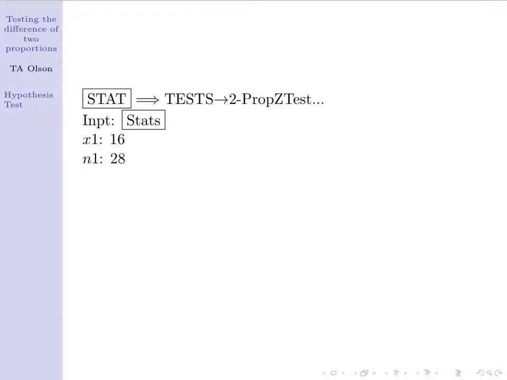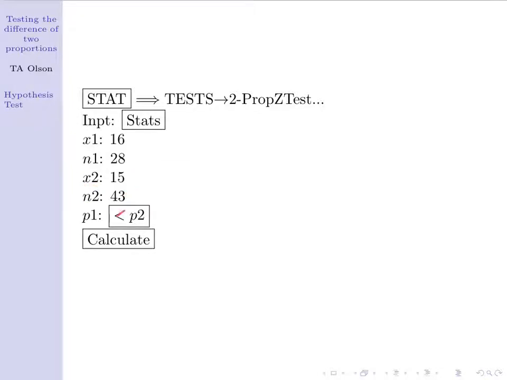The first set of data is for our ones. Remember, that was our math majors. We had 16 math majors that played a musical instrument, 28 math majors that were asked in total. Twos were our English majors. We had 15 of them who played a musical instrument out of 43 English major friends.